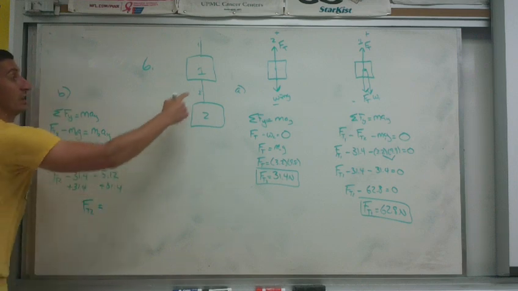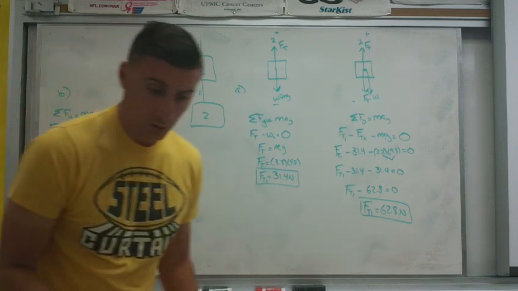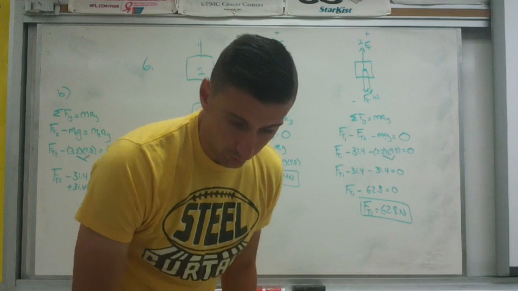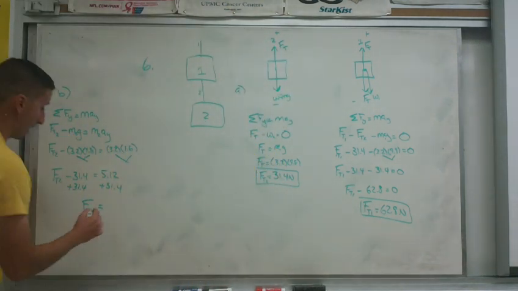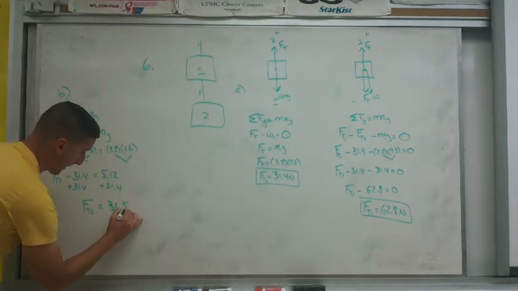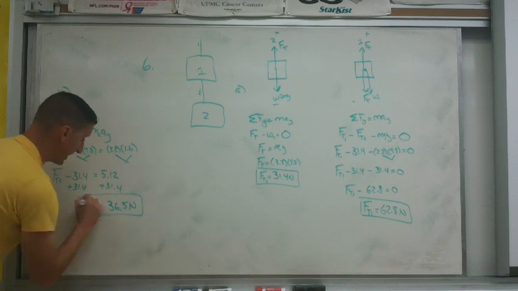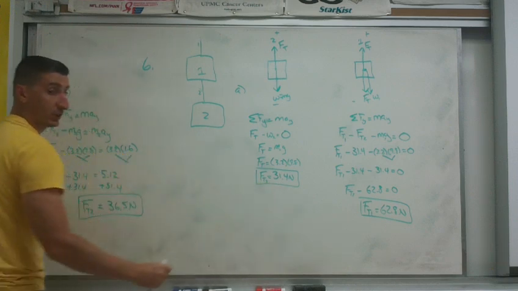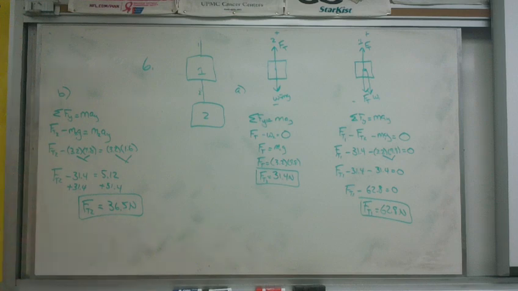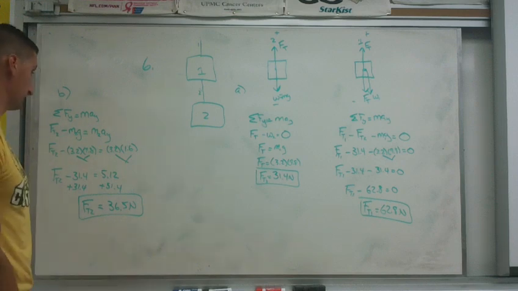Ft2, the tension in this rope, is now 36.5. As you can see, it's greater than it was when the bucket's at rest, because if you're pulling up, you need more force to accelerate the rope, okay?